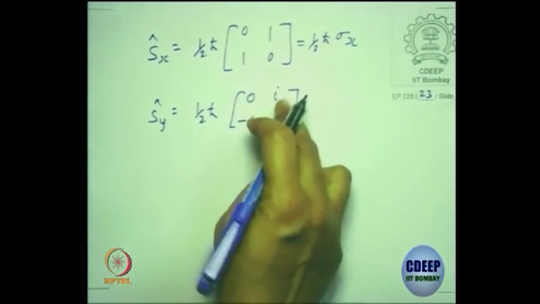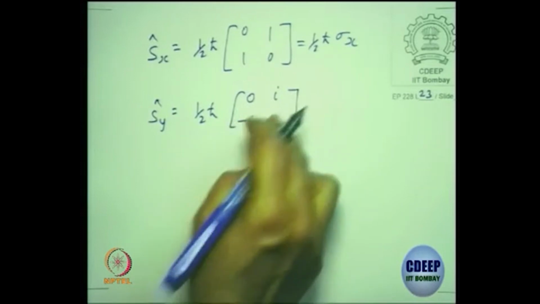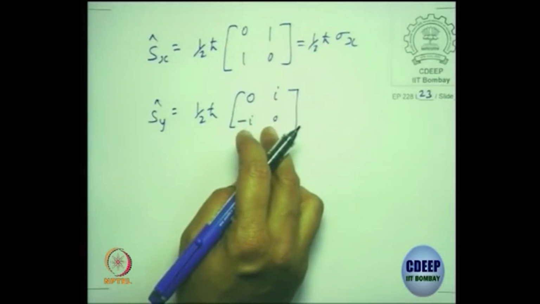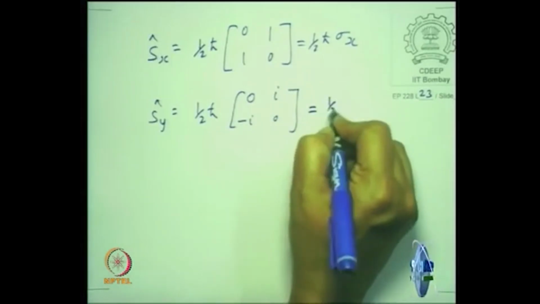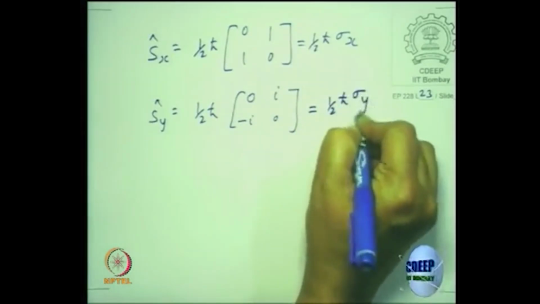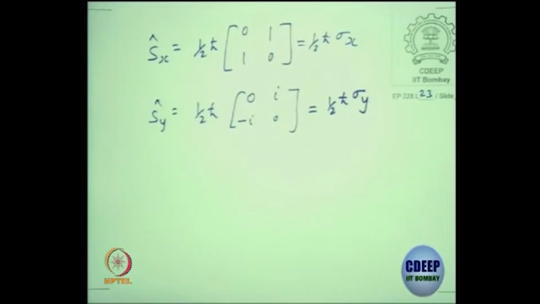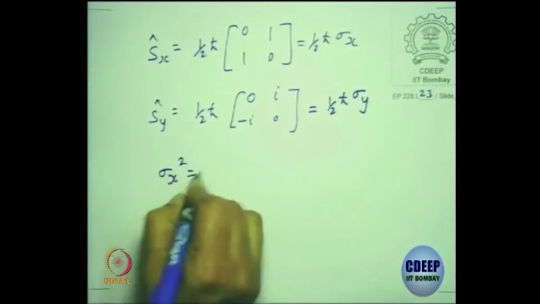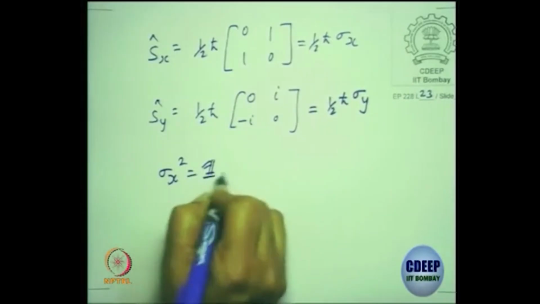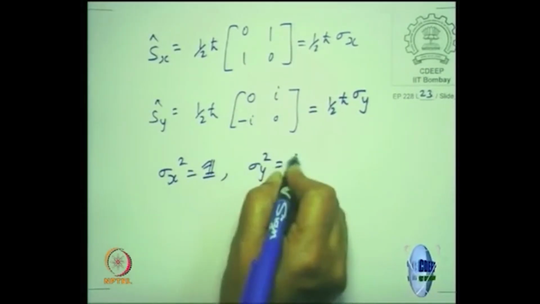This I, blindly if you write I and I, it won't be Hermitian. Sigma y. They are traceless, eigenvalues are plus or minus 1, and they have the properties that sigma x squared is identity, sigma y squared is identity.